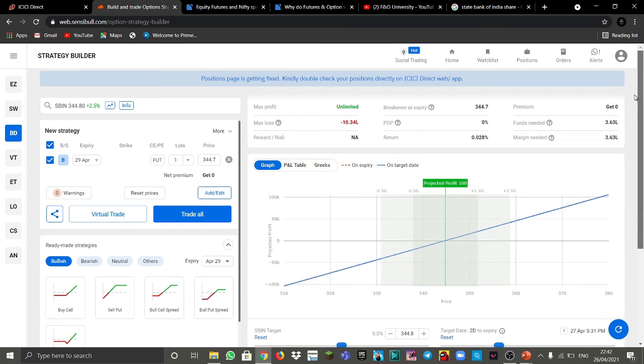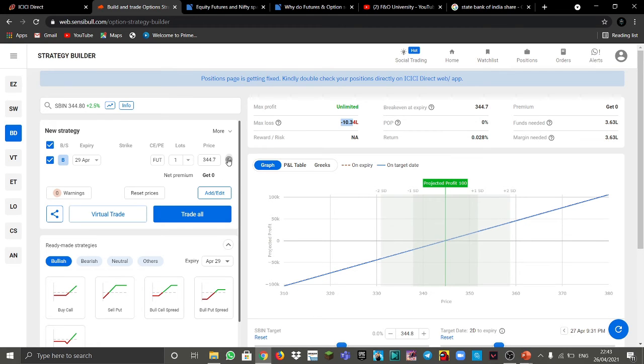Capital exposure: I'm paying 3.63 lakh rupees here as margin money. My profit is unlimited, right? But what is my loss? My loss is capped, but it is how much? It is 10.34 lakh. So I can gain a lot, but I can also lose a lot.